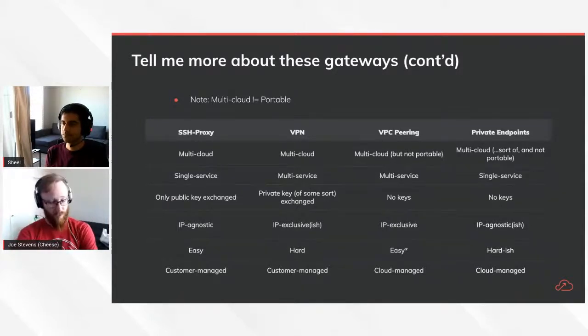So if you, for example, have something that scales up and down, they're not entirely. So private endpoints are typically backed by network load balancers, so you're typically just hitting effectively a forwarding rule. SSH proxies and VPN, there's more negotiation.